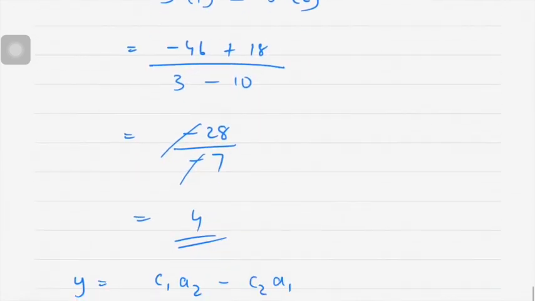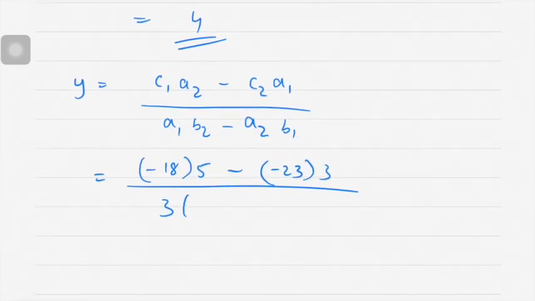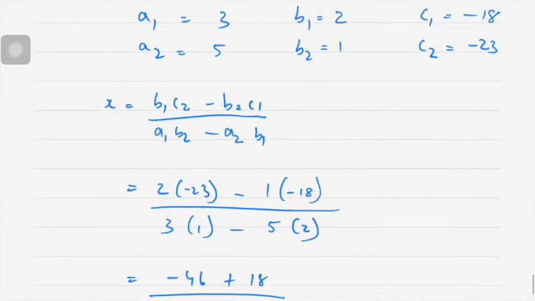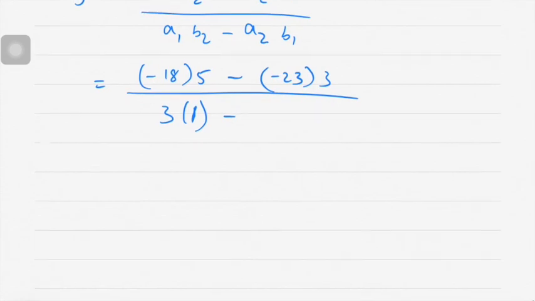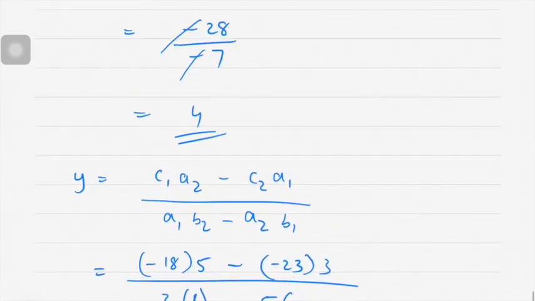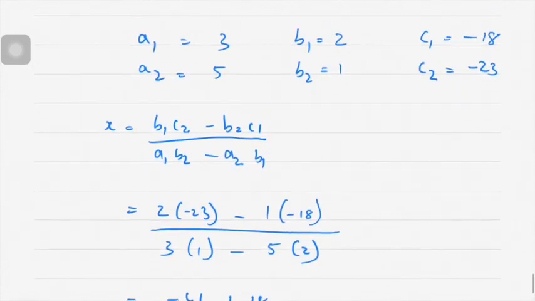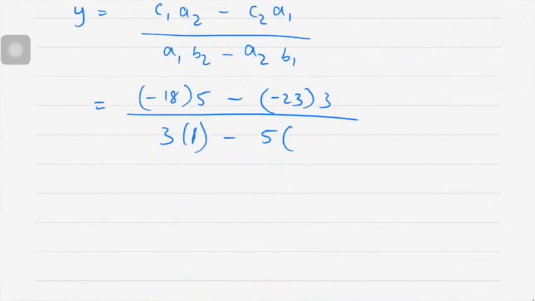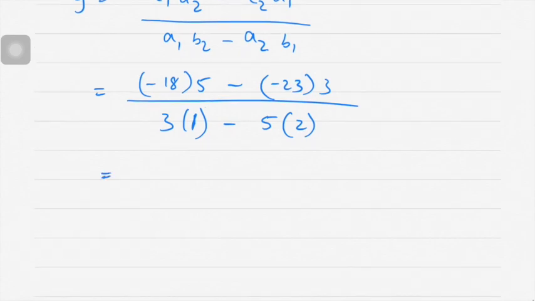Upon 3 into B2. What is B2? B2 is 1, minus A2. A2 is 5, into B1. B1 is 2.